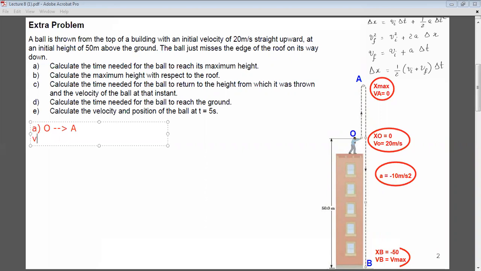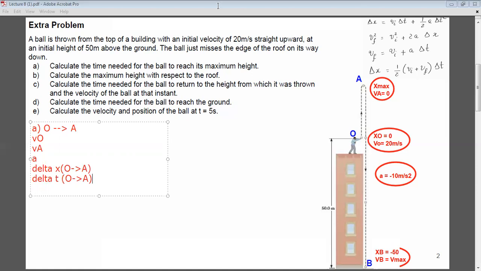Do I know V initial, which is V_O? Do I know V final, which is V_A? Do I know acceleration? Do I know delta X from O to A? And do I know delta T from O to A?